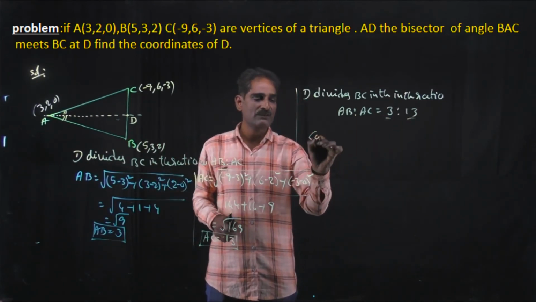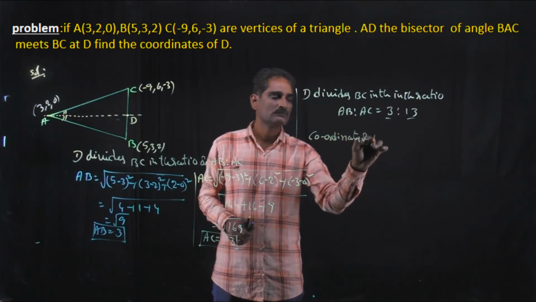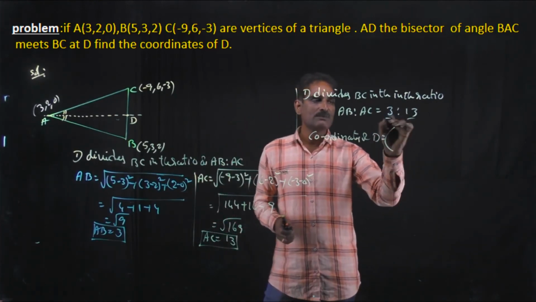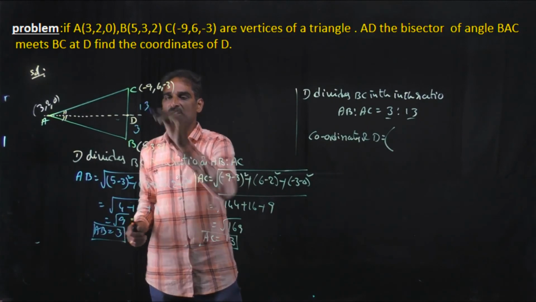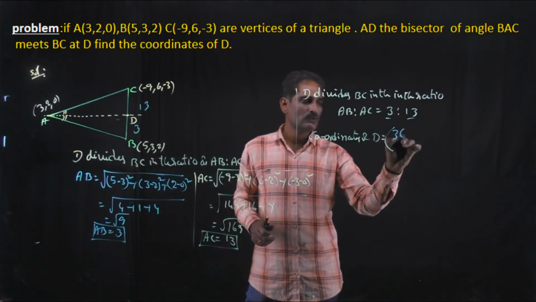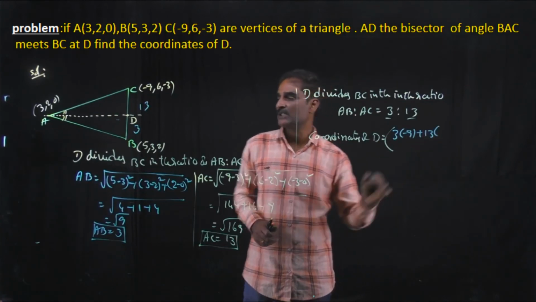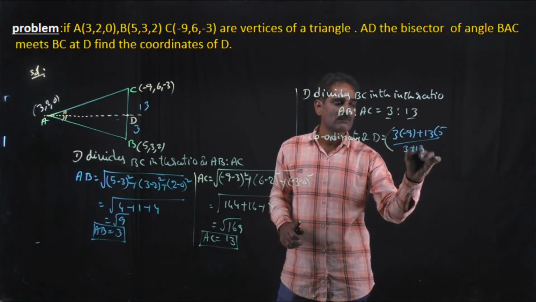Therefore, coordinates of D equal to, just apply the section formula. This is m is to n, (m x2 plus n x1) by (m plus n), 3 is to 13. 3 into minus 9 plus 13 into 5 by 3 plus 13.